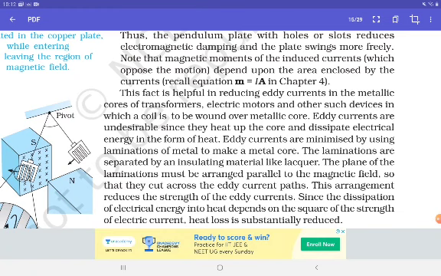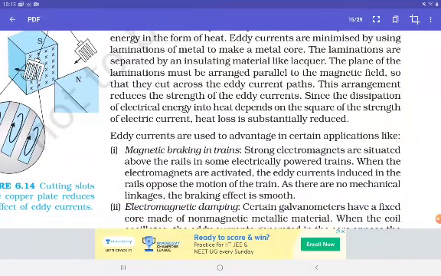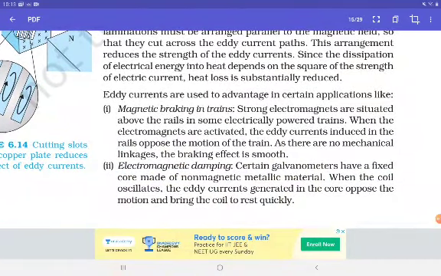This arrangement reduces the strength of eddy currents. Since dissipation of electric energy into heat depends on the square of the strength of electric current, heat loss is substantially reduced. Eddy currents are used to advantage in certain applications like magnetic braking in trains.